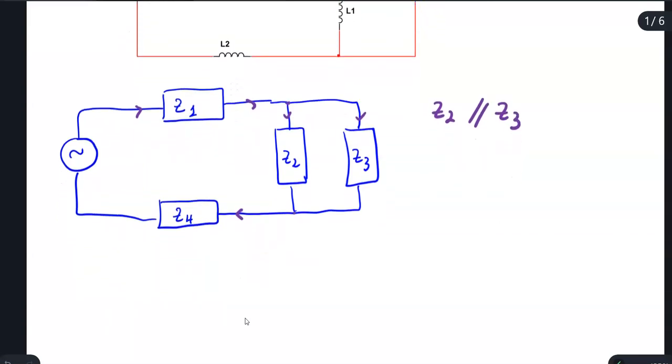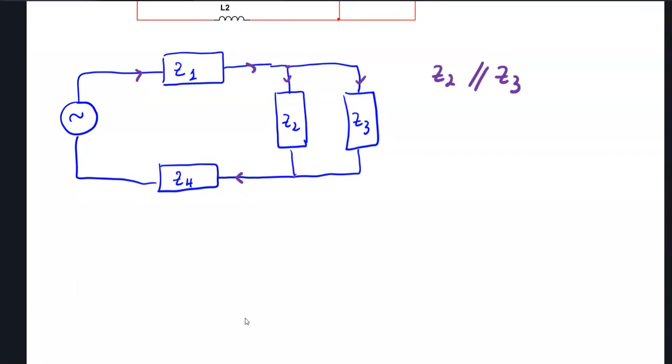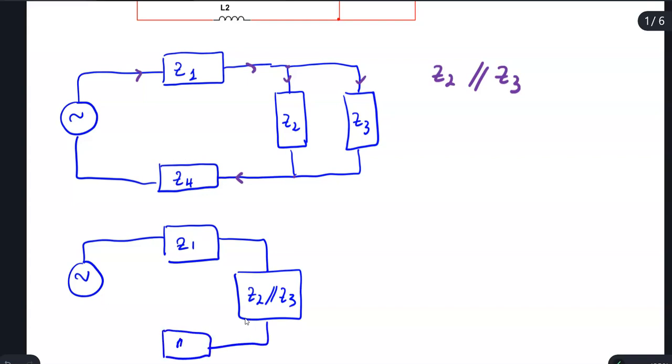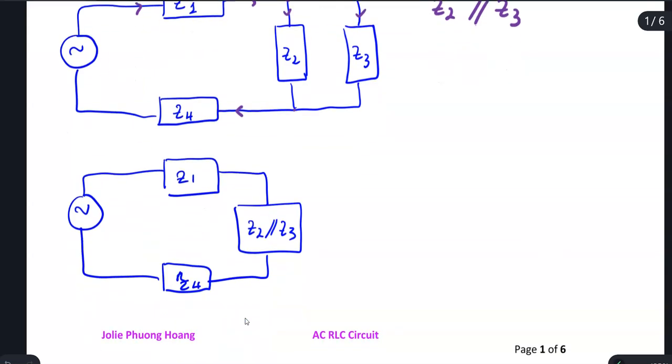If I redraw my circuit, I redraw it like this: Z1, and here is the Z2 parallel to Z3, and then I have the Z4, and then go back to the source.